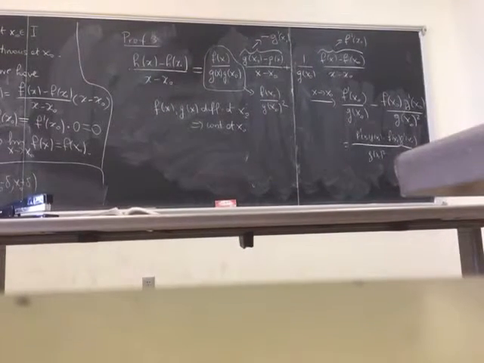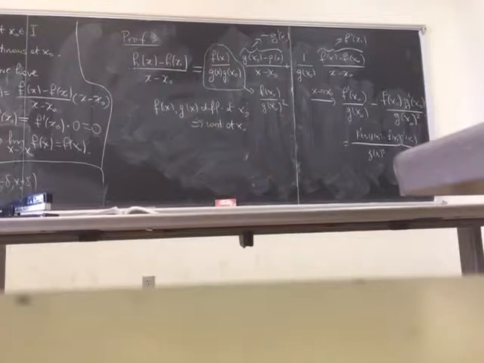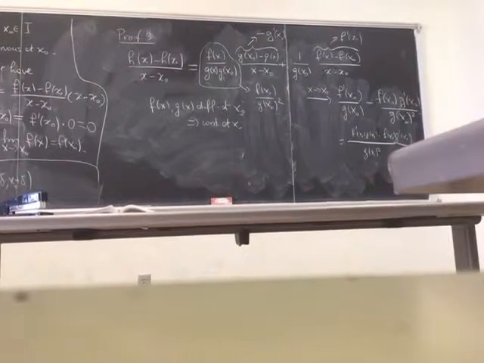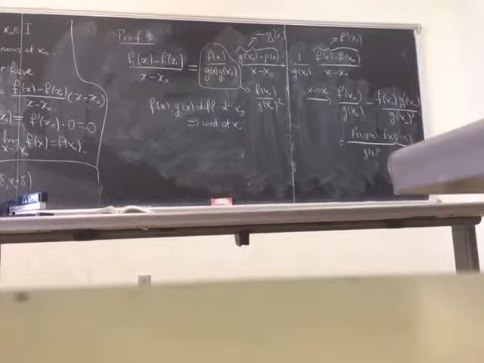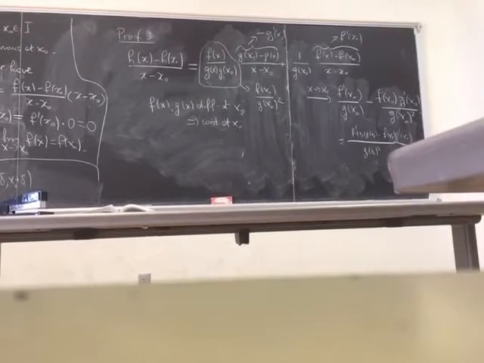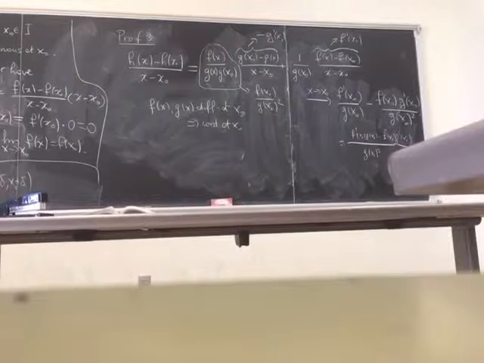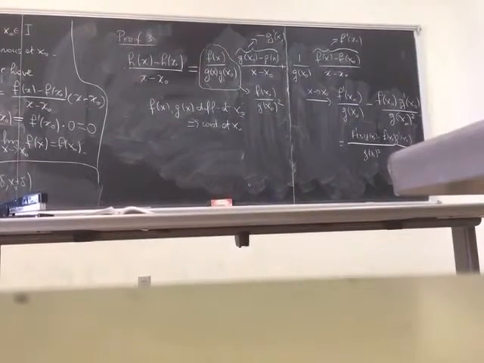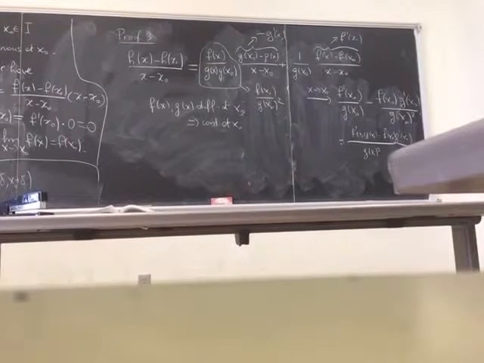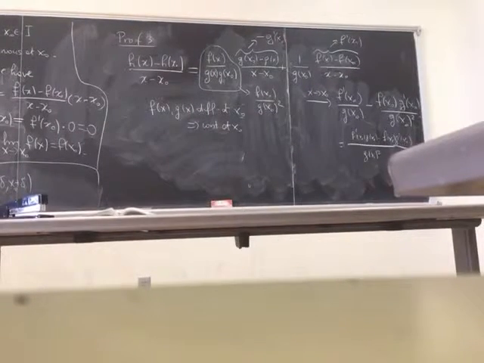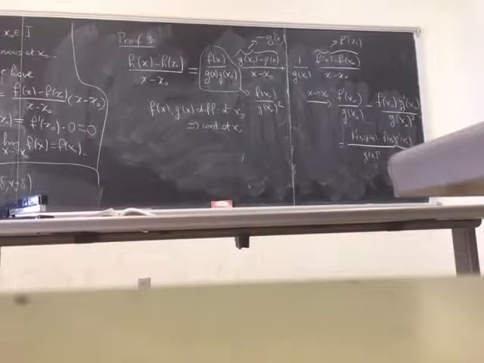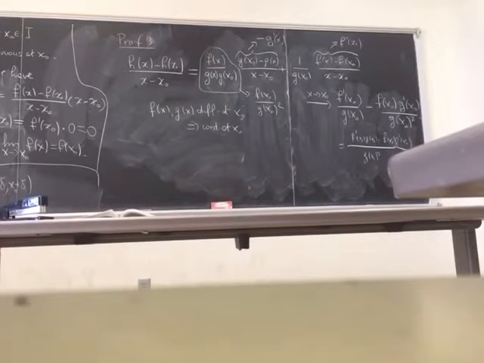So how come in the previous group, for 1 and 2, we don't have to worry about whether h of x is well defined? Because it's trivially well defined. In the first case, it was just a constant times f plus another constant times g. So provided g and f are defined, you don't need to ask that this is different from 0, like saying 3 times f of x minus 5 times g of x.